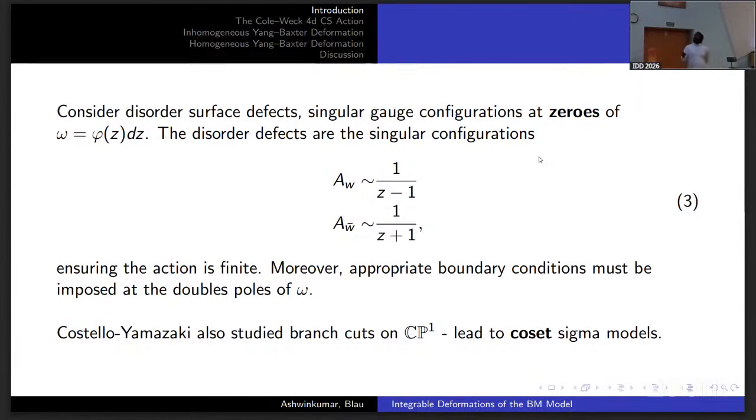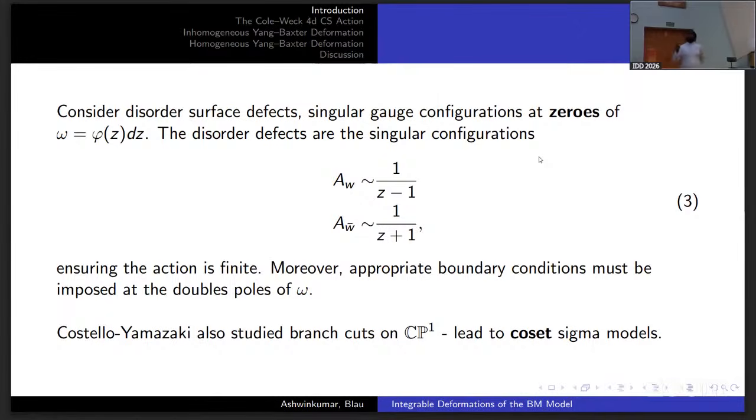So at the zeros, we have disorder defects, singular gauge field configurations that ensure that the action is finite. In addition, at the poles of the meromorphic 1-form, we must impose appropriate boundary conditions.